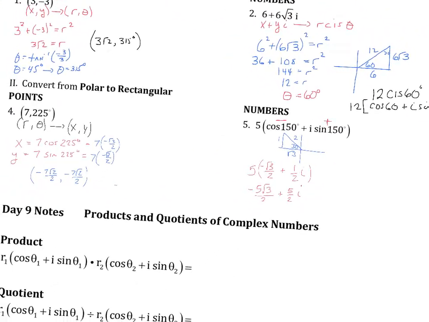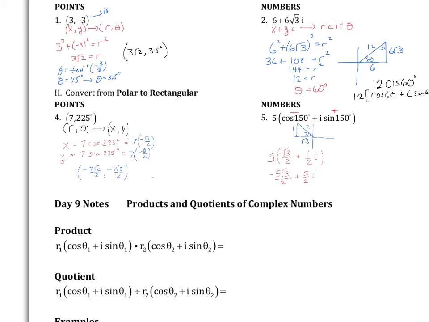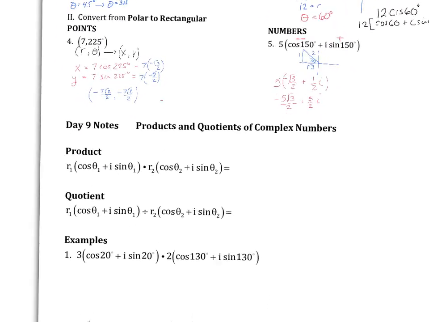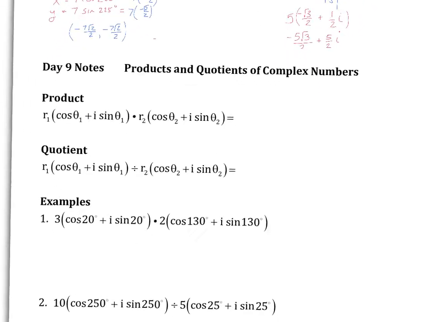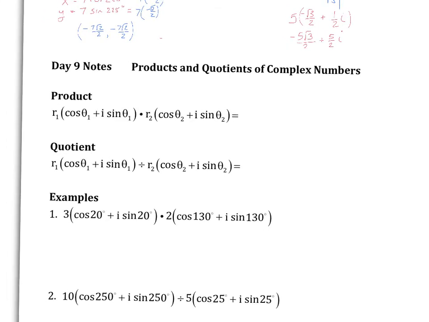So let's review from Friday. Now, the first part of what you need to know today, I'm just going to do 2 examples because it gets repetitive after that, is the product rule and the quotient rule. So it's taking 2 complex numbers and multiplying them or dividing them.